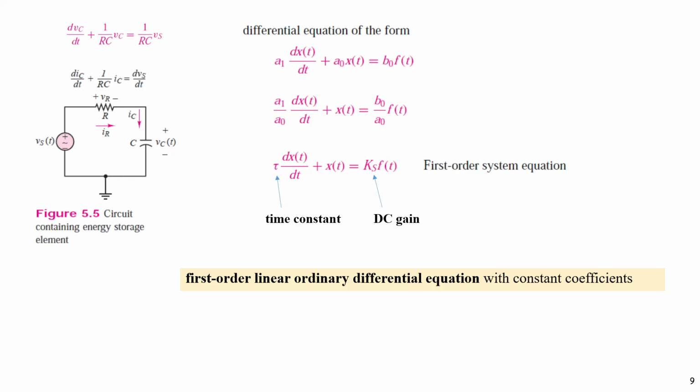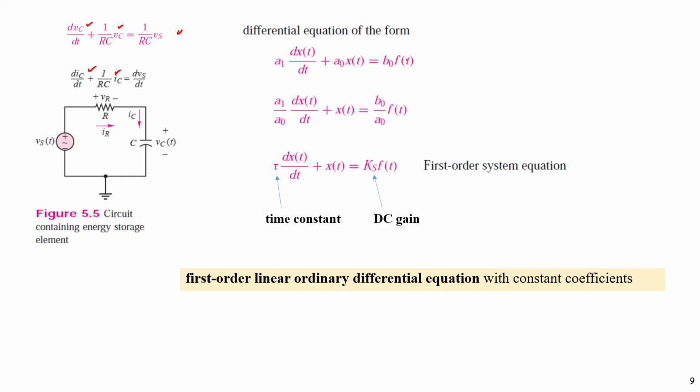Okay, to solve the differential equation. Usually this type of circuit, we can get the equation in terms of voltage or current. So the ordinary differential equation will be in terms of a1 dx by dt plus a0x equal to some function.